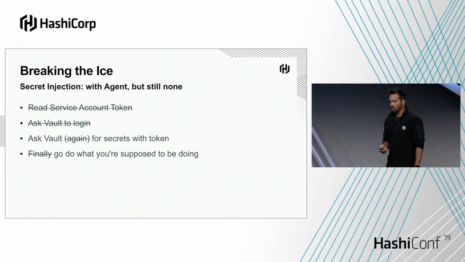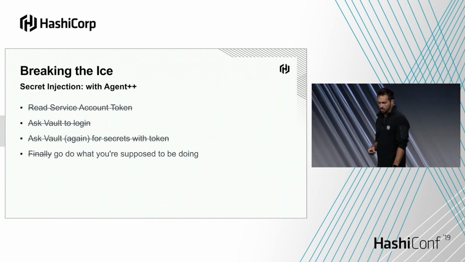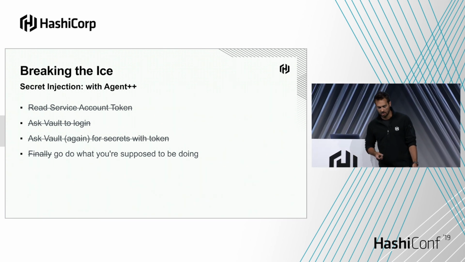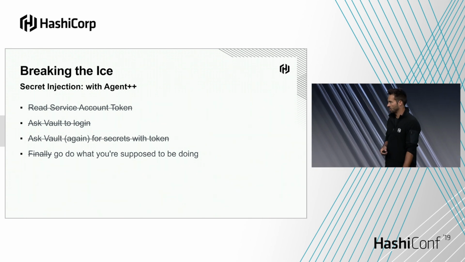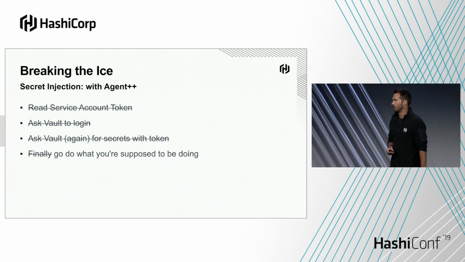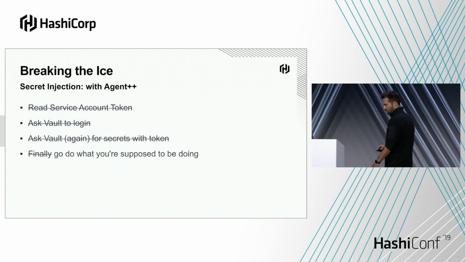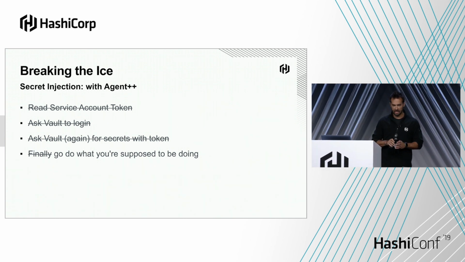So what we want to do now is take all of that stuff and do all of those things for you, but to date, we haven't. A lot of people have figured out how to do it on their own. But we want to have Vault as a sidecar such that all you need to do is read something and get going. We want to reduce the amount of Vault awareness your application has. So basically, you should just be able to launch your pod and get the secrets you need.